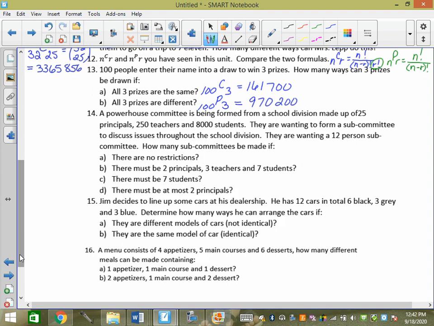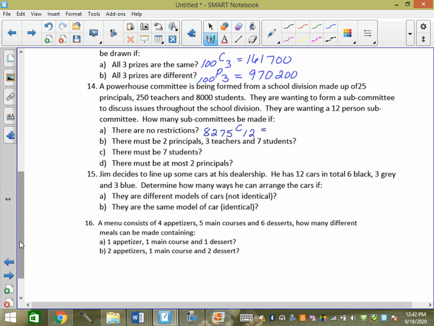So I'm going to go 25 plus 250 plus 8,000, and I have 8,275 people to choose from, and I'm choosing a 12-person subcommittee. And that is really large, so we're just going to leave it at that. There must be 2 principals, 3 teachers, 7 students.